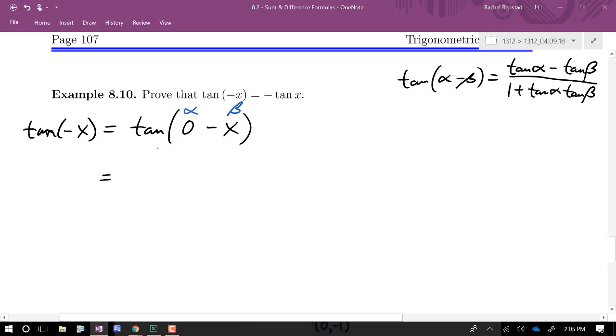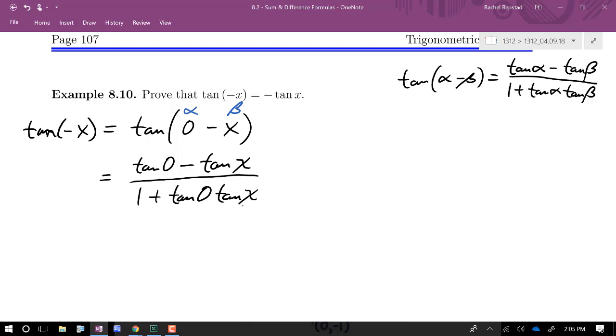So let's plug stuff in. On top, we have tan 0 minus tan x over 1 plus tan of 0 times tan of x. Now the big question is, what is tangent of 0? It is 0. Tangent, keep in mind, is sine over cosine.